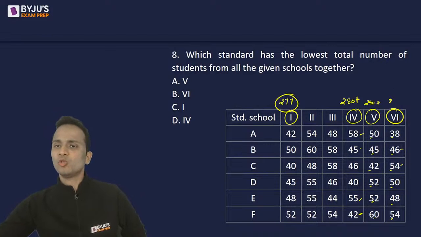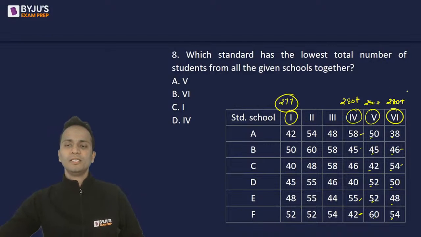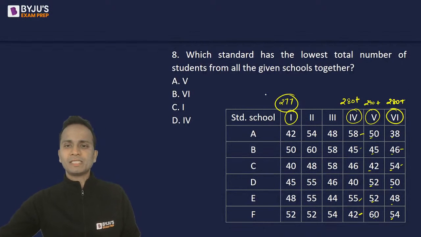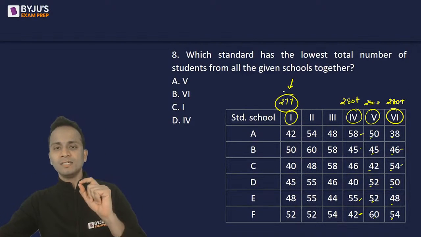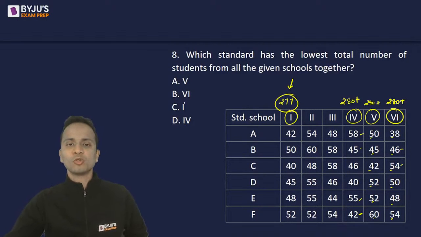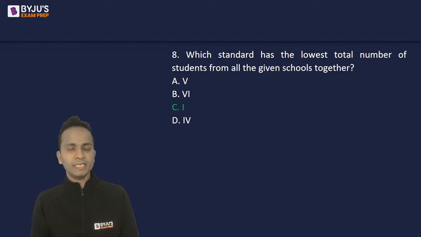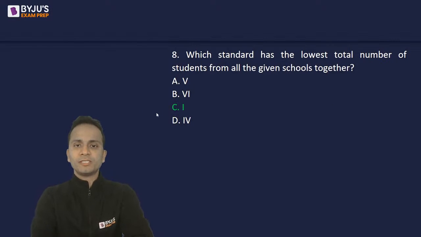Yes, more than 280 again. So all the other standards have at least 280 students, but standard 1 has 277 students. So standard 1, that is option C, should be the correct answer of this question. Okay, so question number 8, yes, the correct answer is option C.